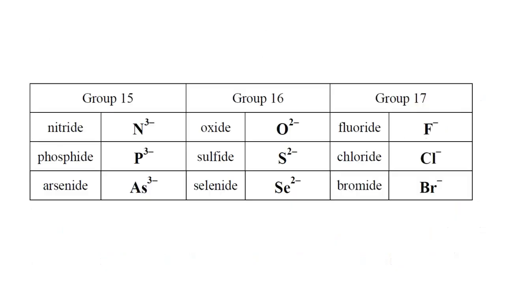I'd also like to mention that even though on the periodic table we can see nitrogen, phosphorus, and arsenic, you can see from these examples of these monoatomic anions or negative ions that all of their names end with the letters IDE. So nitrogen becomes nitride, phosphorus becomes phosphide, arsenic becomes arsenide.